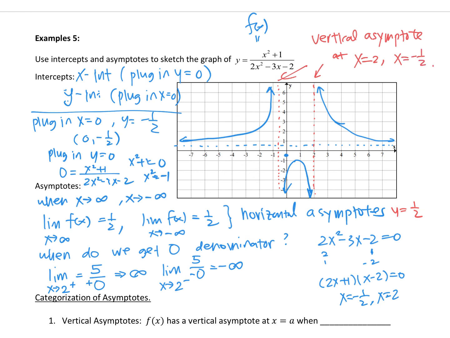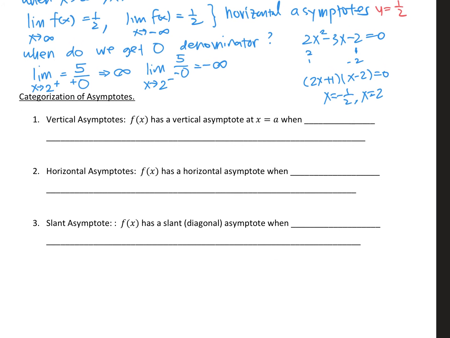All right. So I have one more, a kind of summary of what we did. We have a vertical asymptote x equals a when the limit of f of x as x goes to a from the plus side, or as x goes to a from the minus side, is plus infinity or minus infinity, right? So your graph goes to infinity or negative infinity along this vertical line.